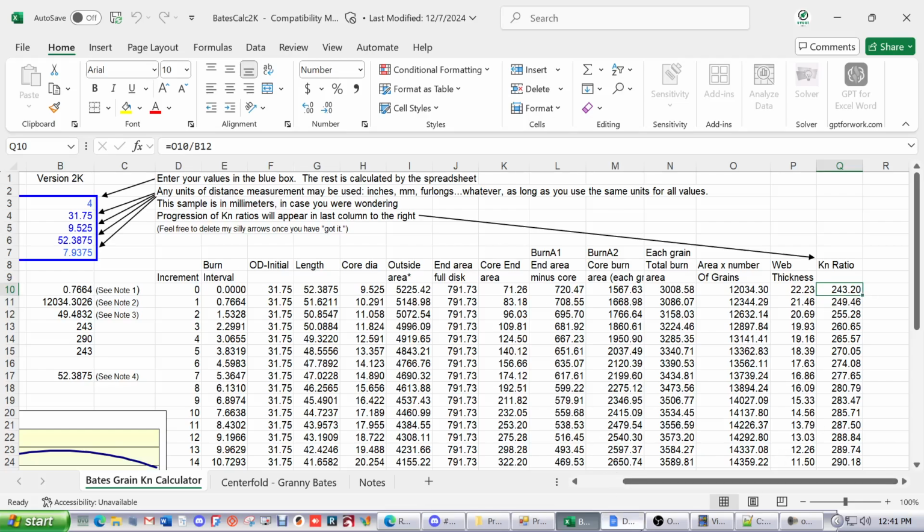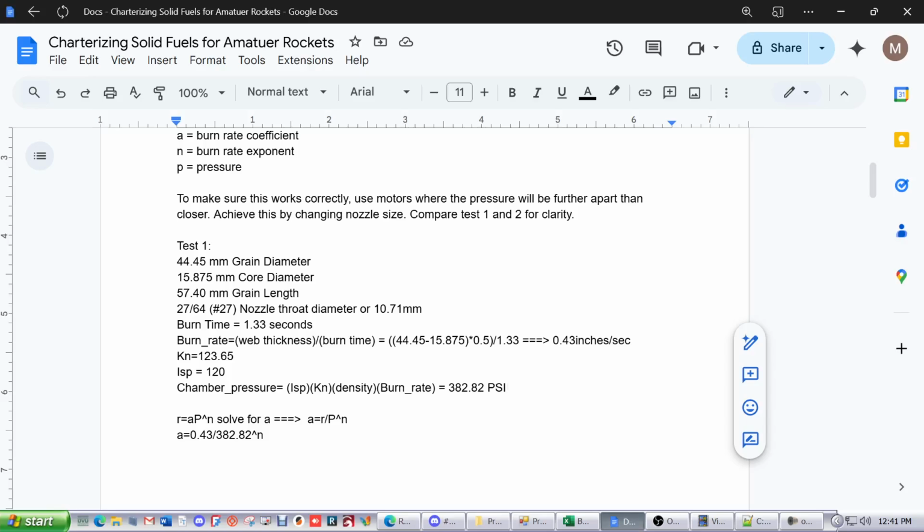Alright, great. So now we have this Kn value, then we have our specific impulse. This is calculated from an equation based on your static test. Go look it up, find the equation. Mine happened to be 120.00 and some change, so I just left it at 120.